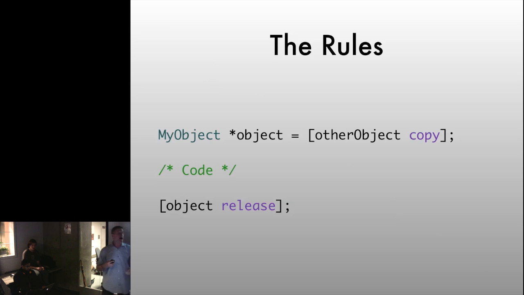Do a copy. We get back a copy of the object. The reference count is 1. A bunch of code, paired with release, because what gets paired with release? Copy, alloc, retain.